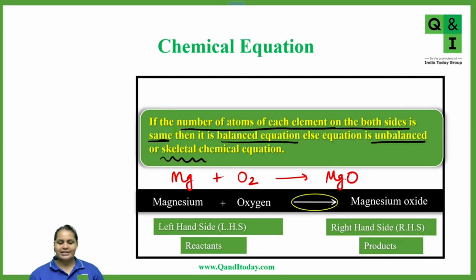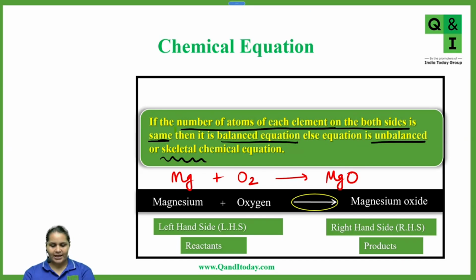So what do you think? Is it a balanced or unbalanced equation? Why do you think so? Because the oxygen atom is 2 on the reactant side, whereas on the product side, the oxygen atom is 1. Exactly, because the number of oxygen atoms on both sides is not the same.